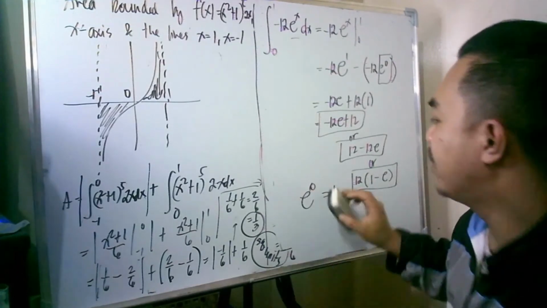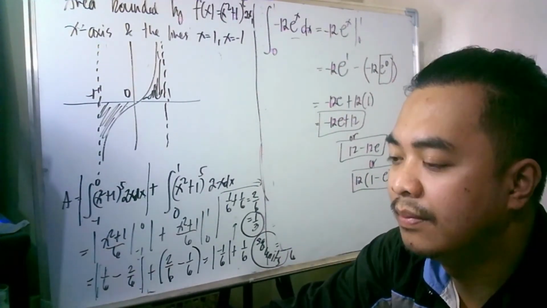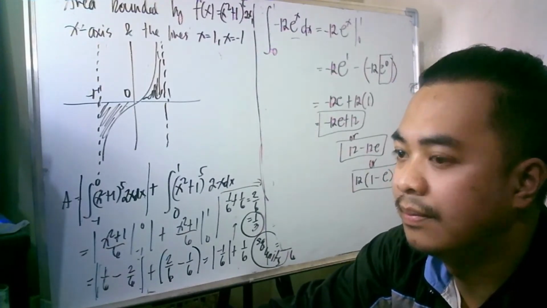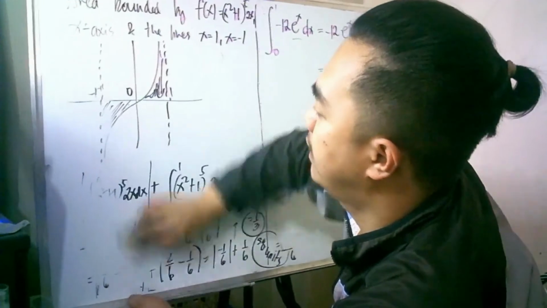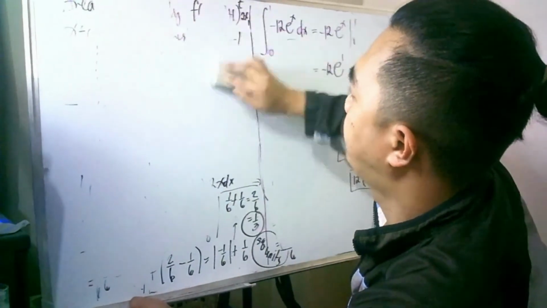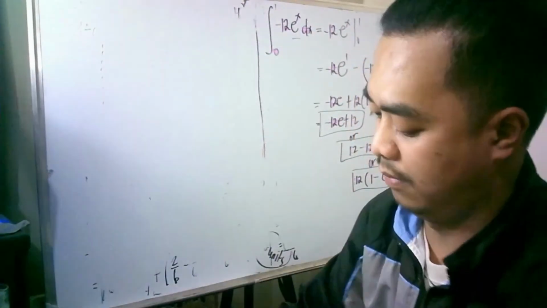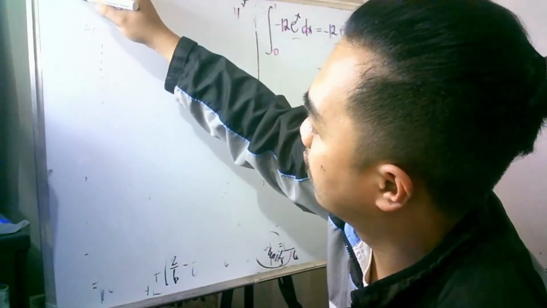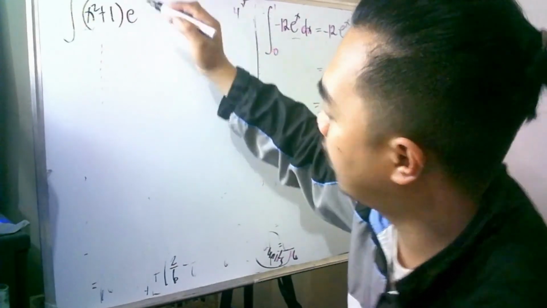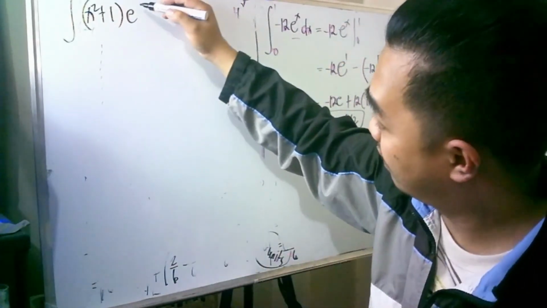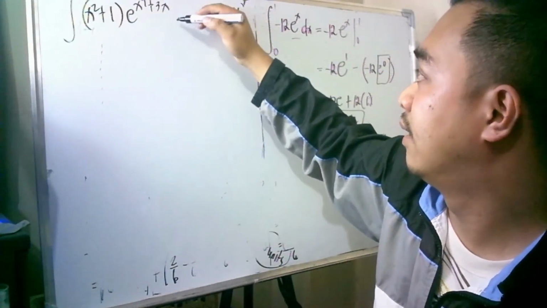Oh, mag-isip kayo ulit ng logarithmic. Ito po sir. Yes. Sige lang. X squared plus 1 times e raised to x cubed plus 3x, dx.